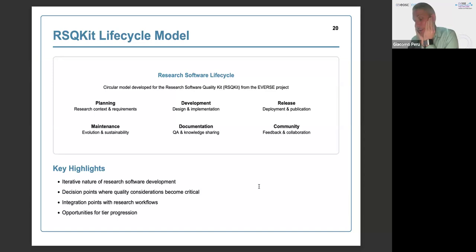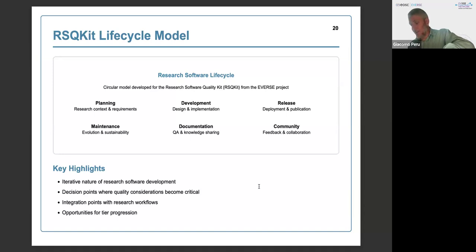The circular model includes planning, covering research context and requirements analysis, development encompassing design and implementation phases, release involving deployment and publication activities, maintenance addressing evolution and sustainability concerns, documentation ensuring quality assurance and knowledge sharing, and community enabling feedback and collaboration processes.